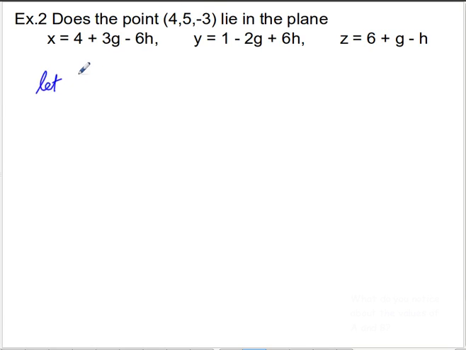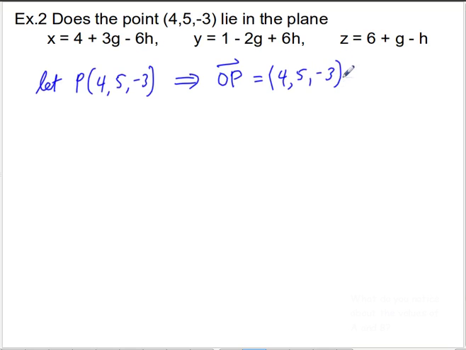So if this point lies on the plane, if we call that the point P, let the point P be 4, 5, negative 3. If that's the case, then the vector OP is also 4, 5, and negative 3.